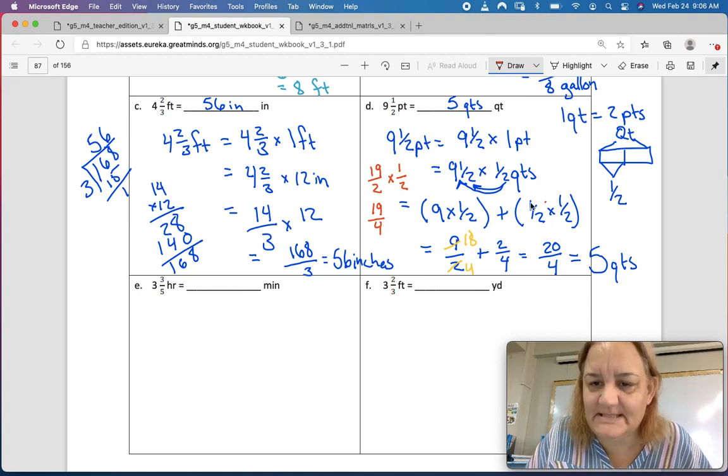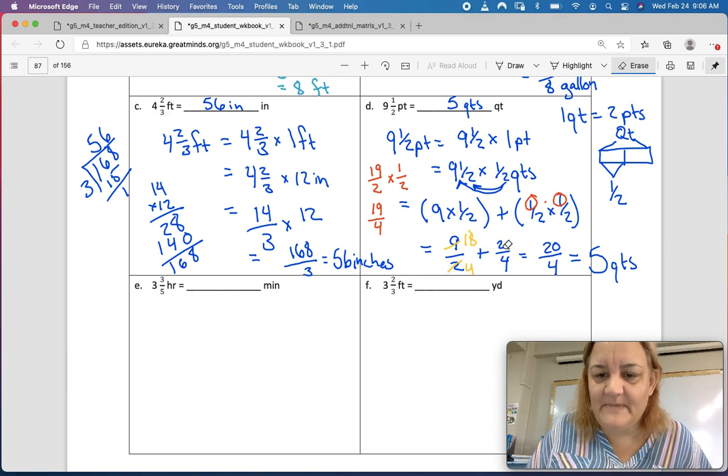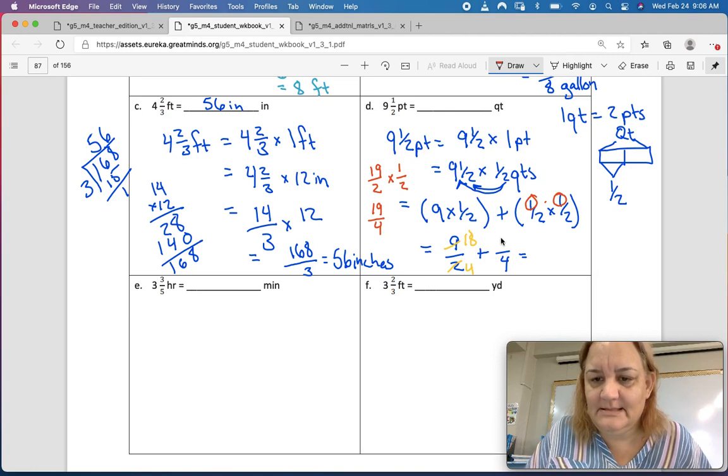Here it is. This is where I messed up. 1 times 1. I knew that felt wrong. So this is wrong. Glad I caught it. So 1 times 1 is 1, which equals 19 fourths.